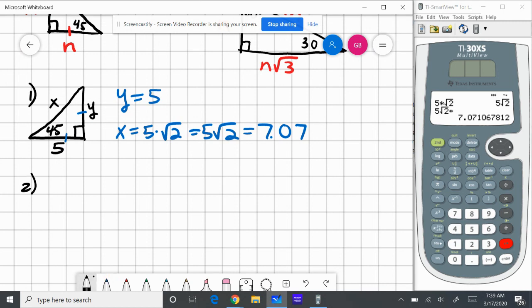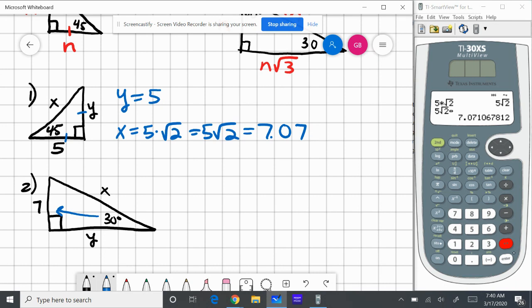Let's go with this triangle here. Okay, so first identify what type of triangle it is. It's a 30, 60, 90 triangle. And what are you given? In this case, we're given the side opposite of the 30-degree angle, so we're given the small leg.